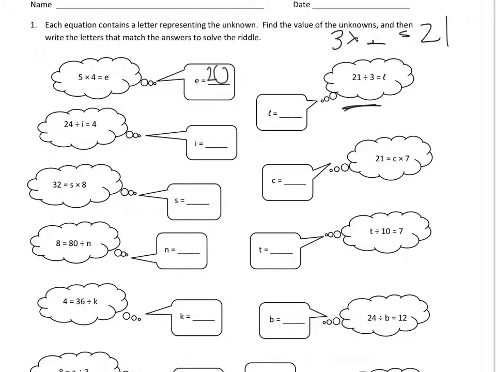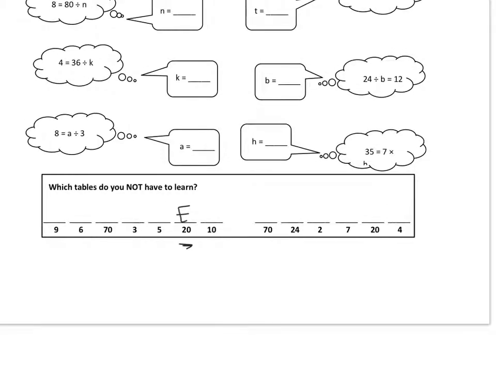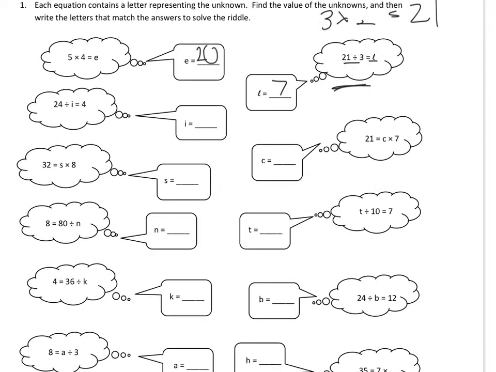So t equals 7. 21 divided by 3 is 7, or t here. So we're going to come down here again and find t. Or I'm sorry, find 7. We're going to write a t right here. So you're going to need to know your multiplication facts and your fact families to solve this.